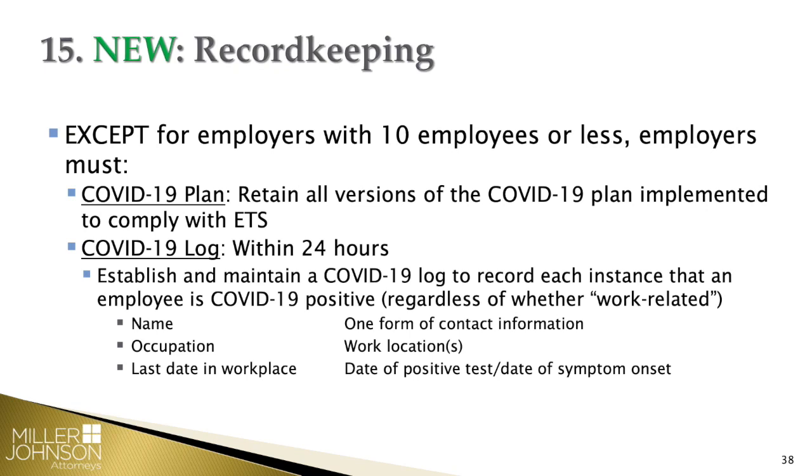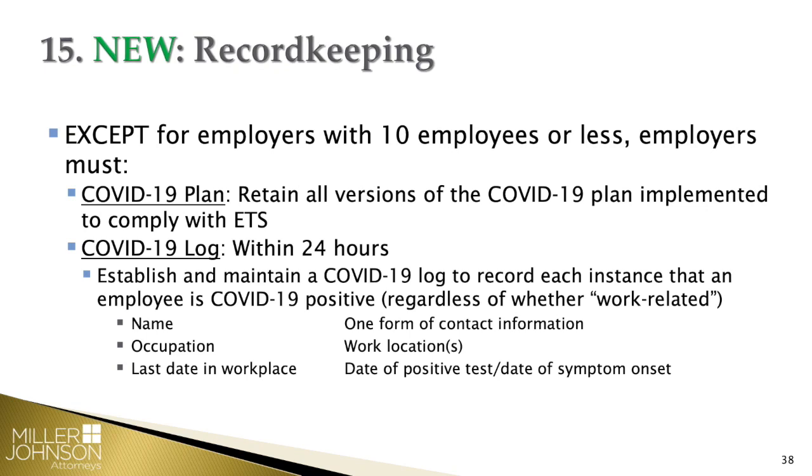We're talking about a new document that you keep internally, where you're recording the name of that employee, their occupation, the last date they were in the workplace, one form of contact information, so phone number, email, address, one form is fine, where they have been in your facility, right? What are their work locations, and the date of positive test, date of symptom onset.